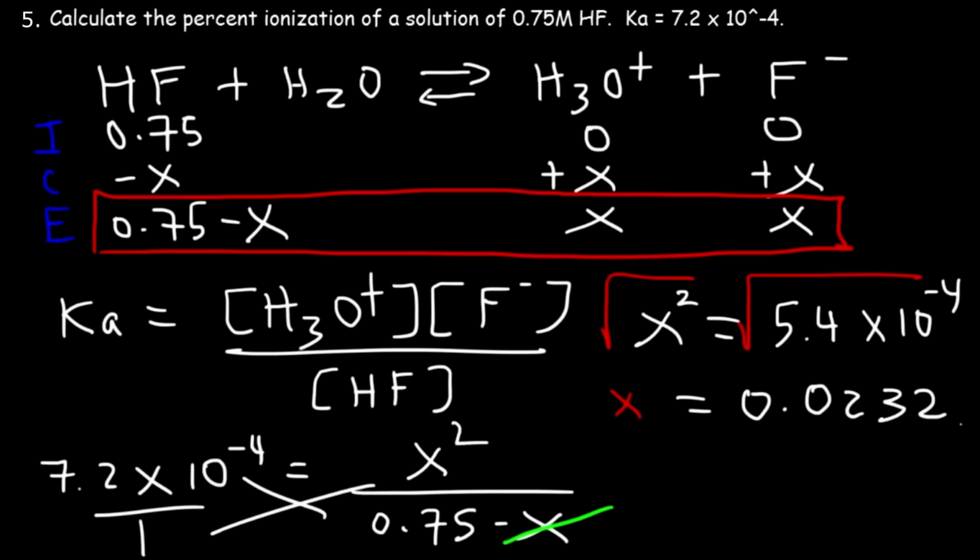So now that we have the value of X, we can calculate the percent dissociation. Now keep in mind, this is not the exact answer, but it's an estimation of the answer. To get the exact answer, you can use the quadratic formula, but we're just going to go with the estimation.